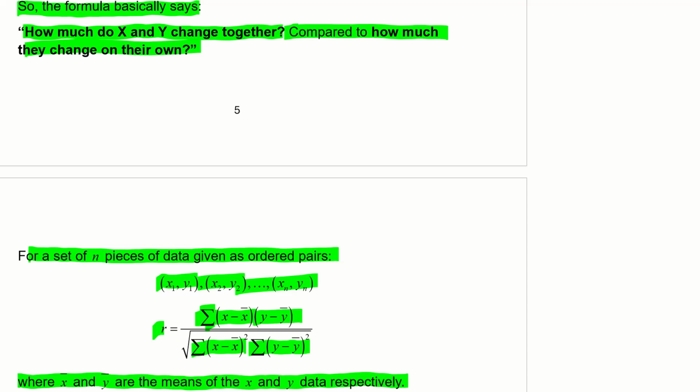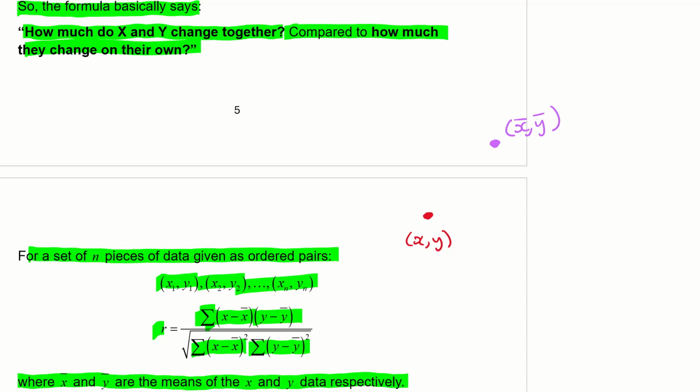So let's look at the points that we talked about above. X bar, y bar would be some point that we could plot onto a scatter diagram. Remember, x bar is just the mean of all the x values, and y bar is just the mean of all the y values. Then let's suppose we've got some point, call it xy, which we place on here.